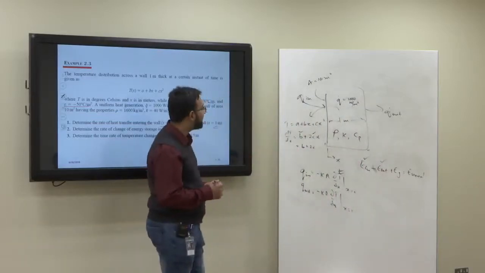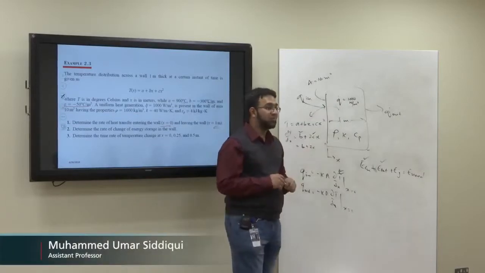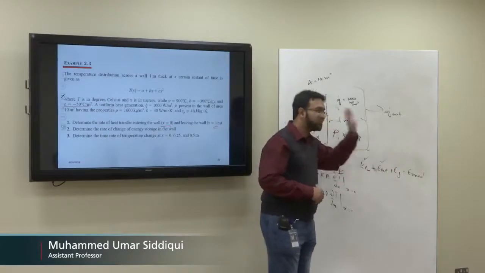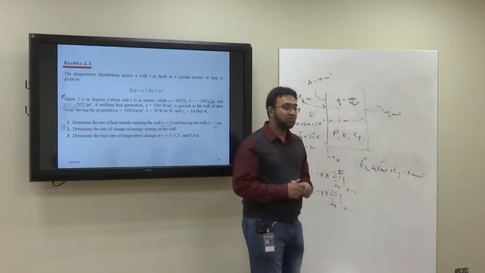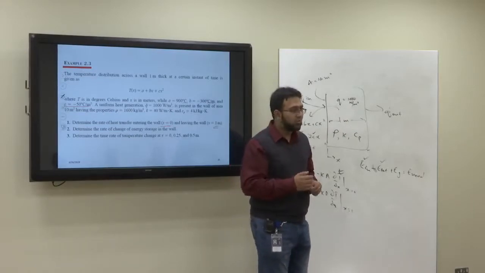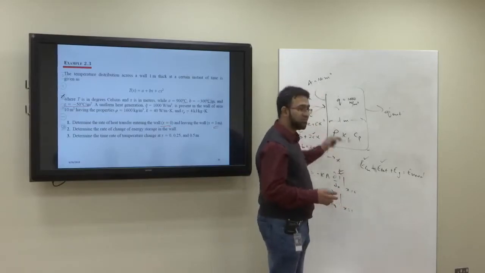E generated, it's given as 1000 watt per meter cube. Remember, we found E in as watt, E out as watt. It should also come as watt. But it is given as watt per meter cube, so we need to multiply it with the volume. Volume multiplication is very easy because area is given and the thickness is given.